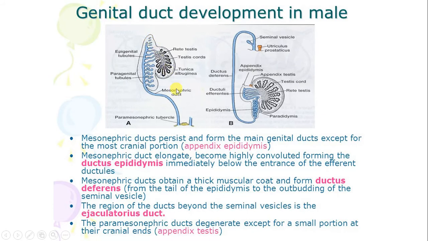The mesonephric duct elongates, becomes convoluted, and forms the duct of the epididymis. Here is the highly convoluted, coiled epididymis, which is from the mesonephric duct.